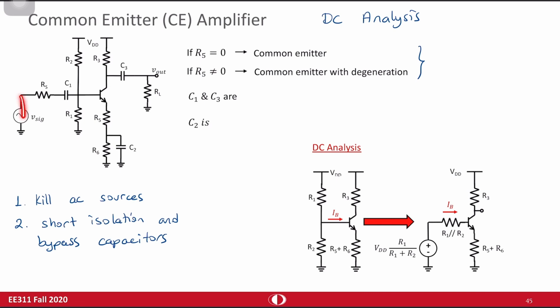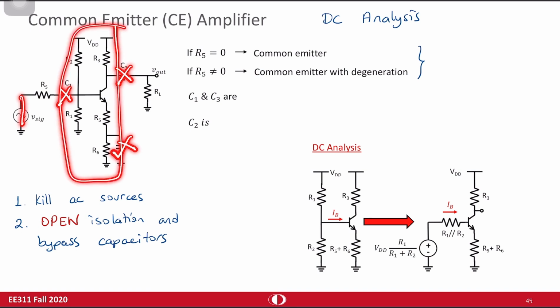Sorry, they should be opened. I'm correcting. So what I do is short this one, open this one, open this one, and this one. And this circuit in here will be my DC equivalent circuit, which is shown in here.